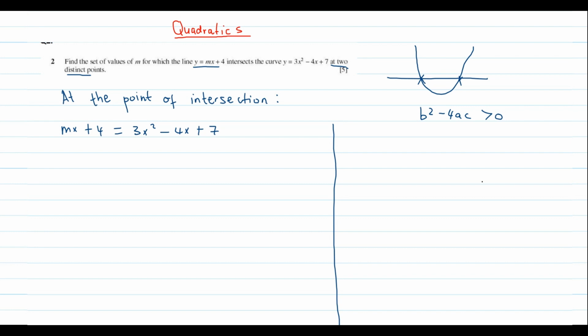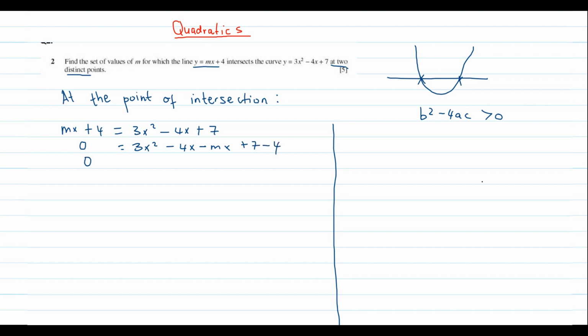In order to do that, I'm going to subtract mx from both sides and also subtract 4 from both sides. So I'm going to have 0 on the left hand side being equal to 3x squared, then minus 4x, then minus mx, then plus 7 minus 4.